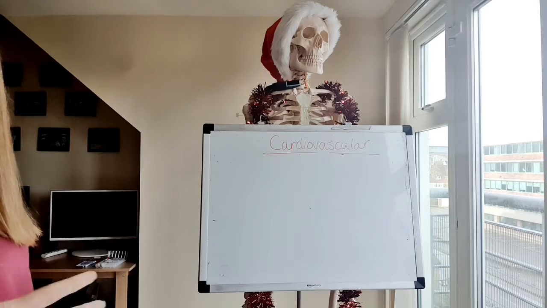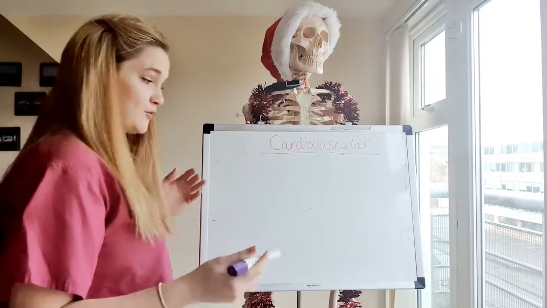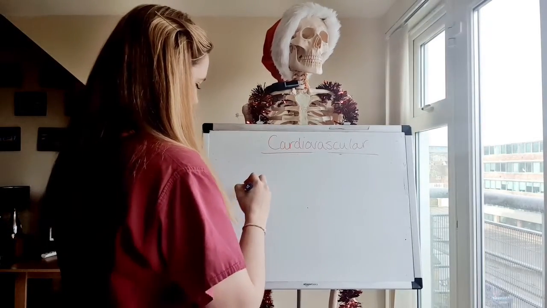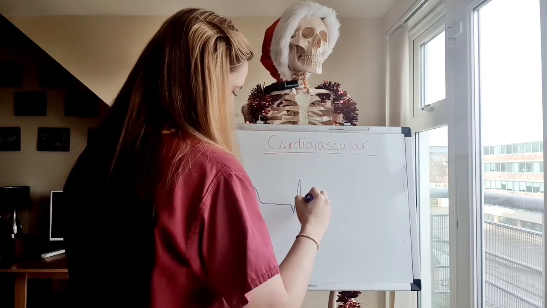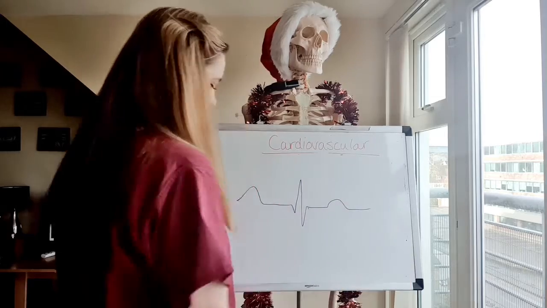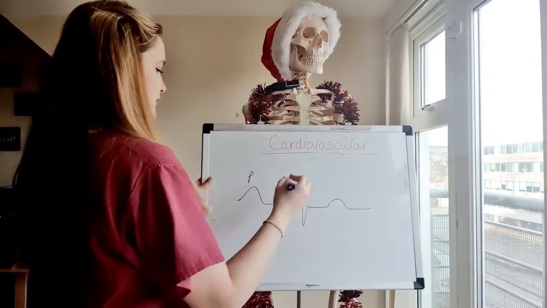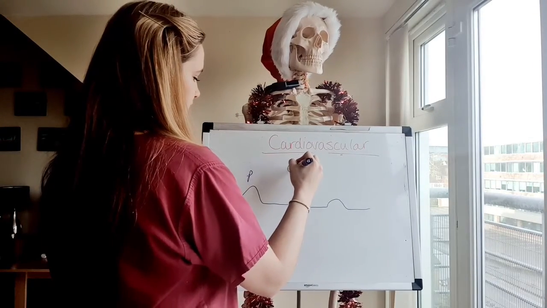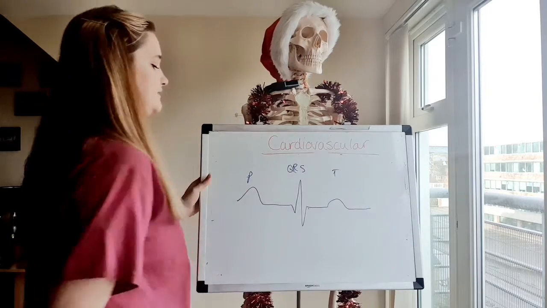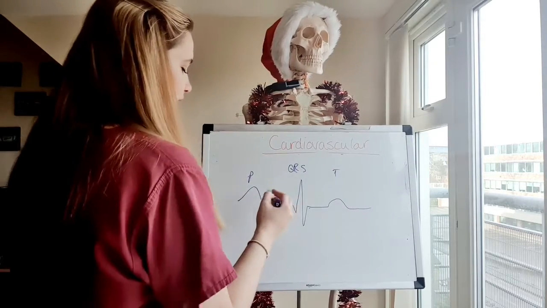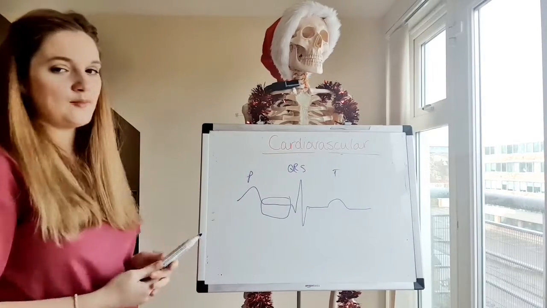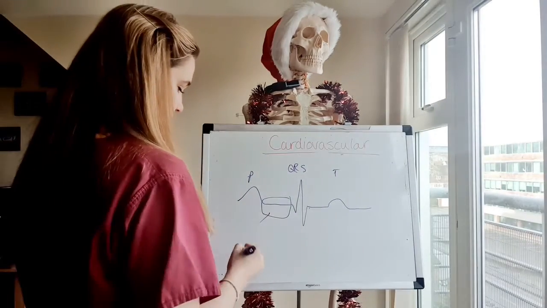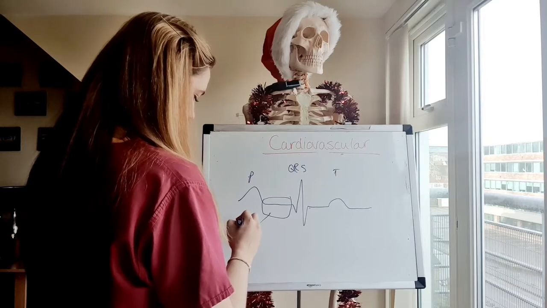Now what happens when we have slightly abnormal ECGs is we get that P wave, and then there's a longer pause, and we have our QRS, and then we have our T. So let's label these again: P, QRS, and T. Now, this is a much longer pause than normal, and normally that's going to signify one thing. We've got some sort of heart block here.